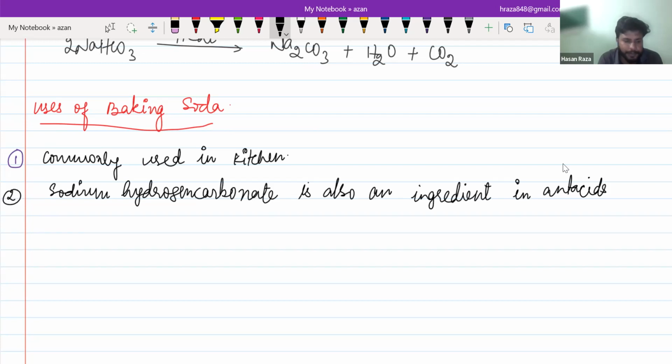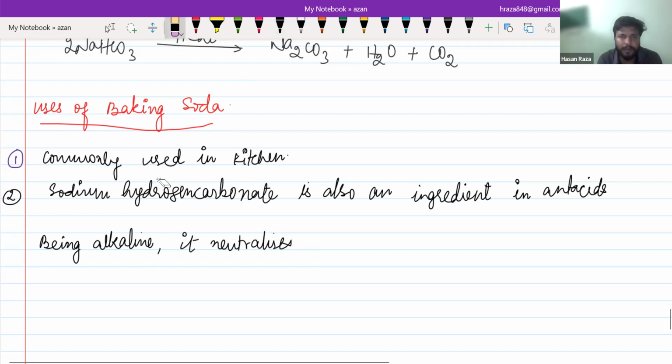in antacids. And since it is alkaline in nature, that means basically it is basic in nature. Being alkaline, it neutralizes. Basically, we can make a second point on antacids. It acts as an antacid. It is used when excessive acid is there in our stomach, acidity.